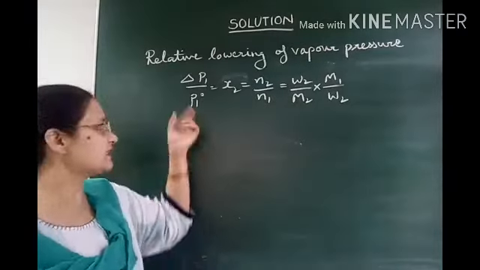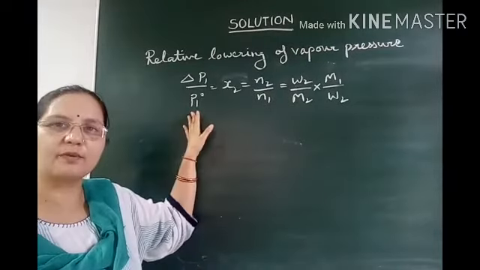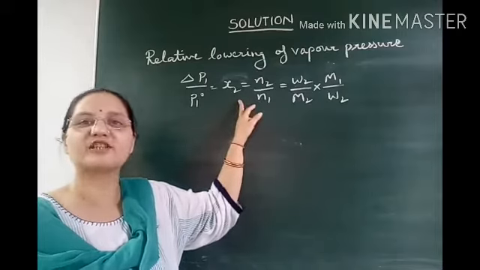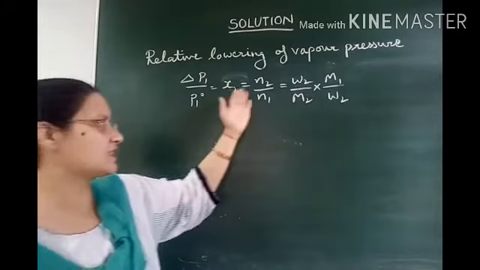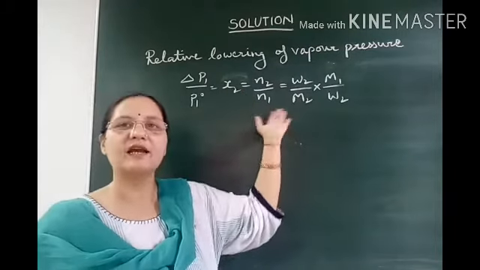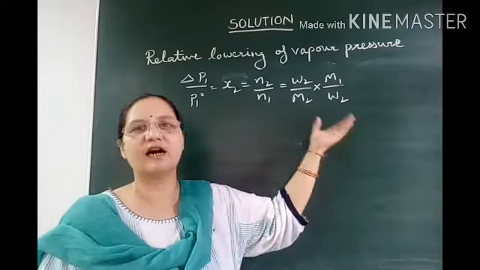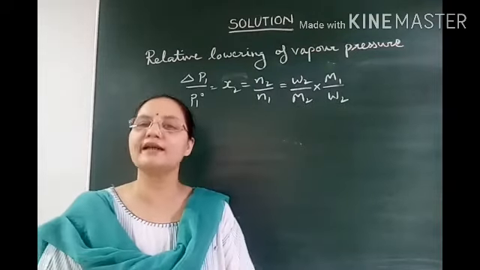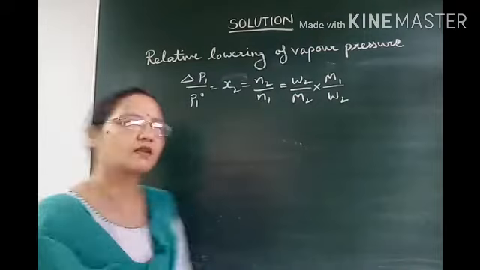So we observe that relative lowering of vapor pressure is equal to the mole fraction of the solute particles, which is equal to n2 upon n1, and we can also relate it with the molar masses of solute and solvent particles.